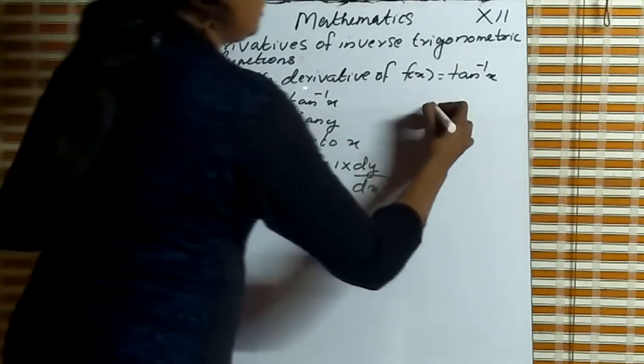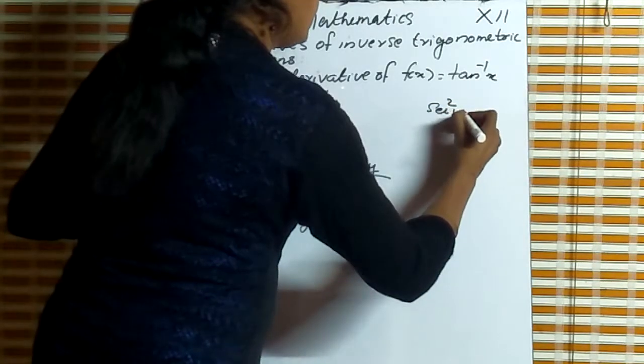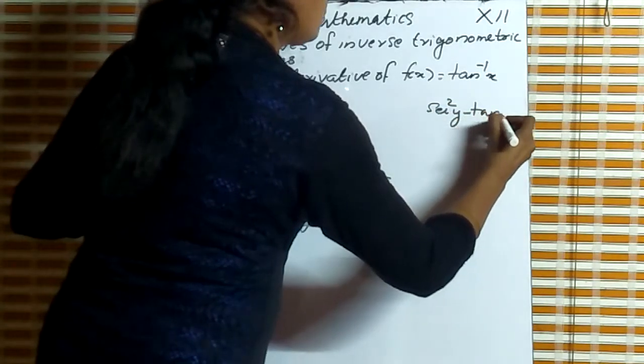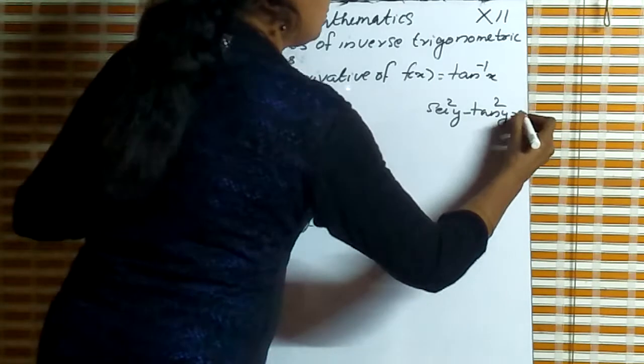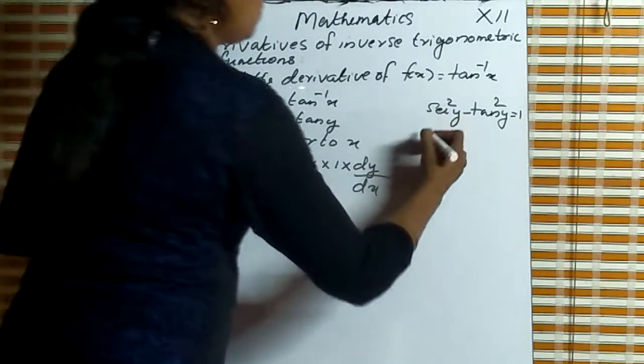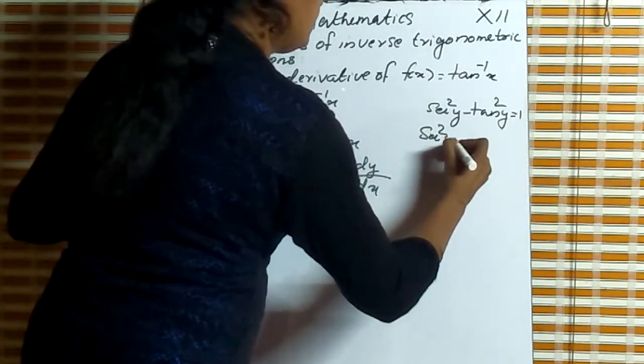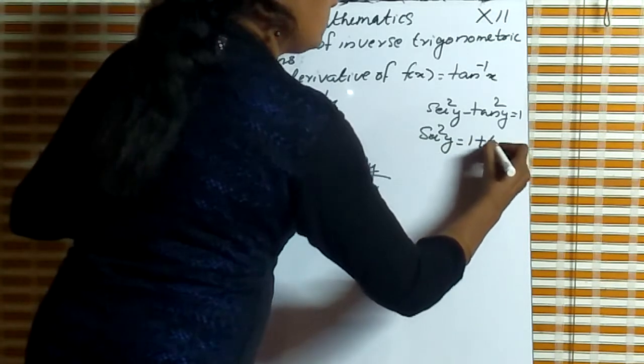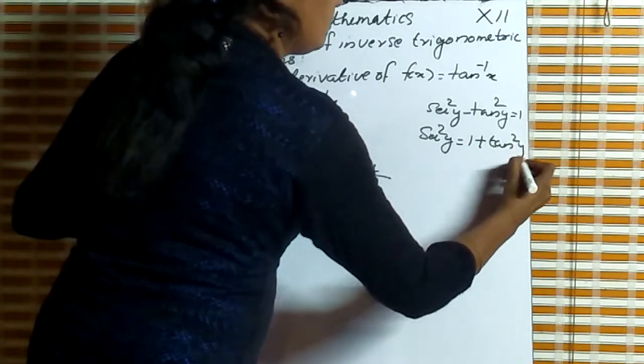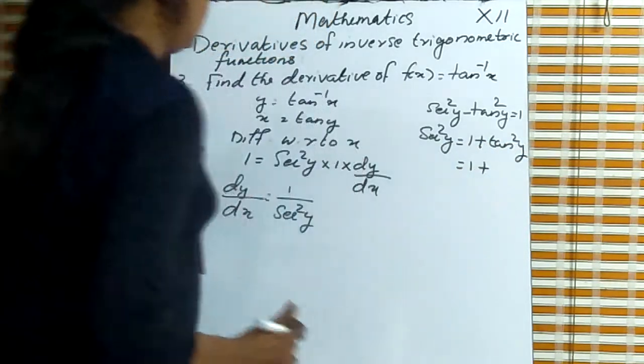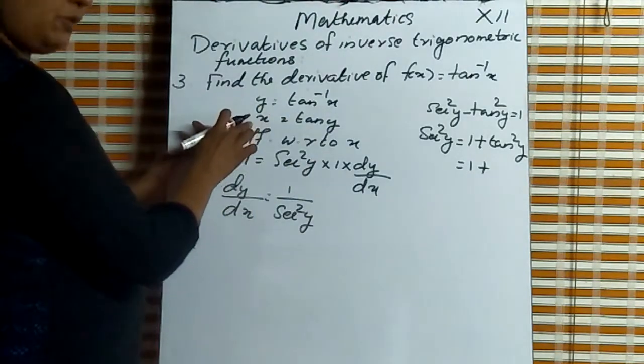We know that sec square y minus tan square y is equal to 1. What is sec square y? Sec square y is equal to 1 plus tan square y. What is tan y? Tan y is equal to x.